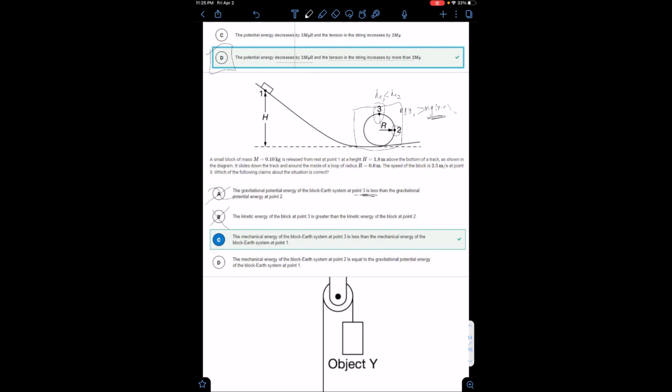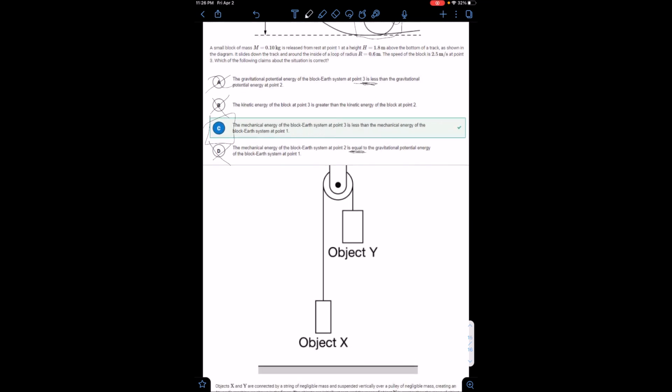So B is wrong. The mechanical energy of the block-Earth system at point 3 is less than the mechanical energy of the block-Earth system at point 1. Now this is evidently true since the y is greater. And so C is a correct answer. And we can rule out D because it can't be equal at different altitudes.